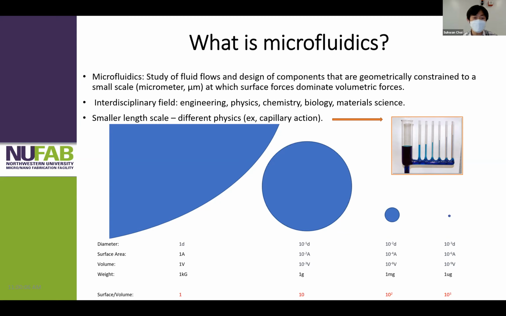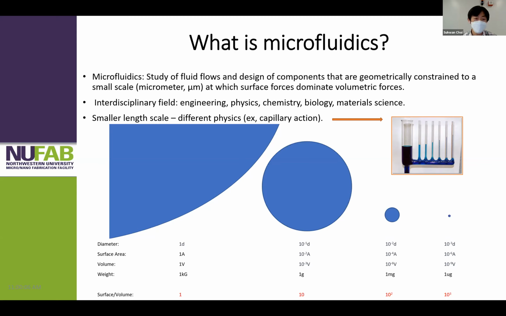The corresponding surface area is 1A for the biggest, then 10 to the minus 2, 10 to the minus 4, and 10 to the minus 6. The volume is 1V for the biggest, then 10 to the minus 3, 10 to the minus 6, and 10 to the minus 9. For the weight, it is 1 kilogram for the biggest, then 1 gram, 1 milligram, and 1 microgram for the smallest.